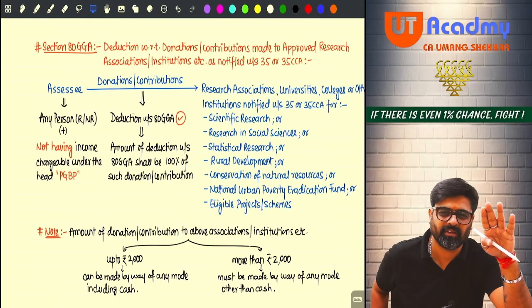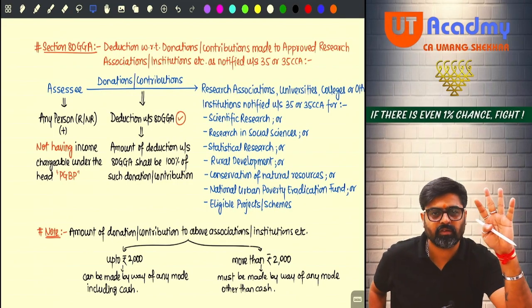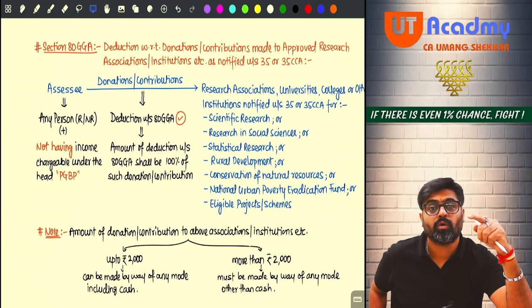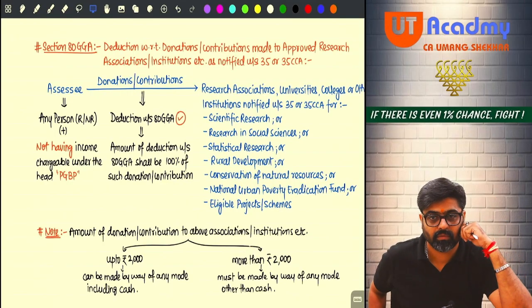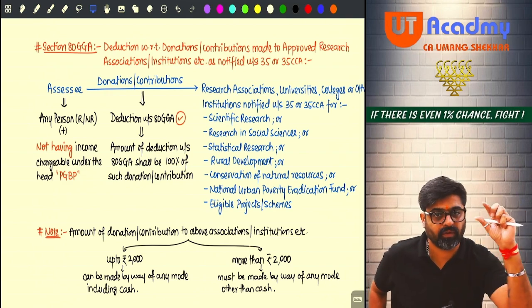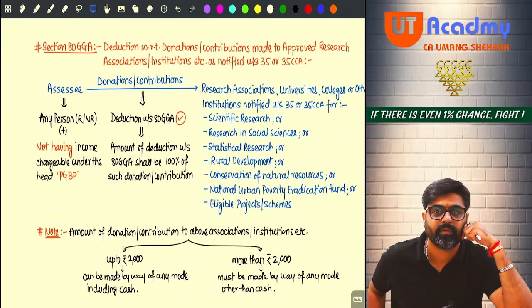Now what this 35 CCA says, I'll tell you in brief. If you are an assessee and you are making a donation for rural development programs, there are many rural development programs going on. Any specific rural development program you donate your money to, you are going to get deduction under 35 CCA from PGBP.